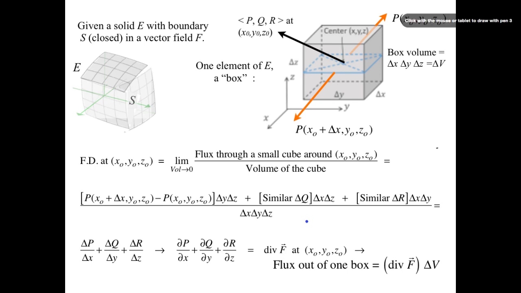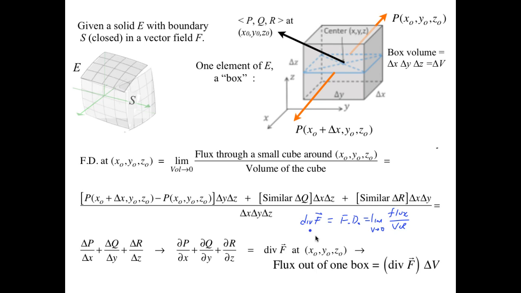So the divergence of F is the same as the flux density, which is flux per volume, right? The limit, as v goes to 0.